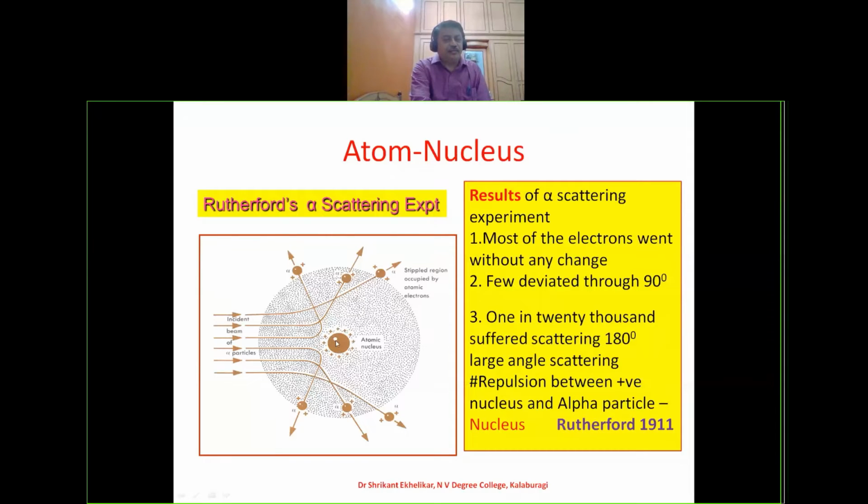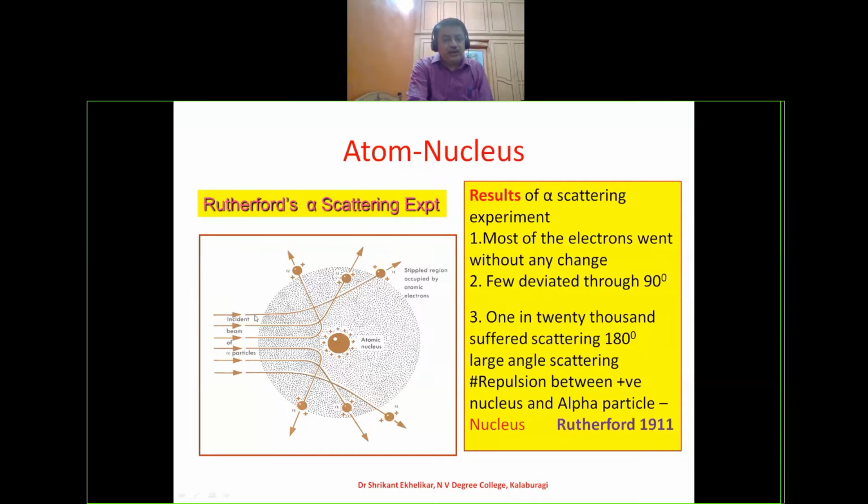With such an atomic structure, continuous beams of alpha particles are incident on this atom, so many alpha particles are incident on it.